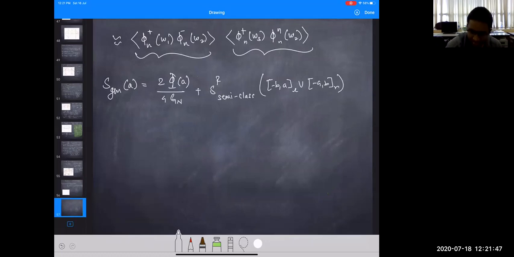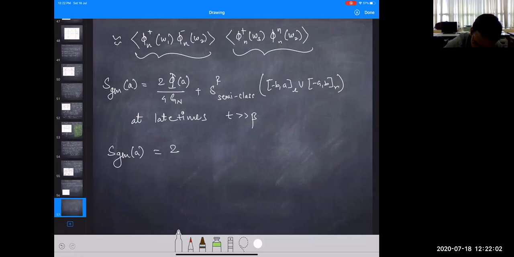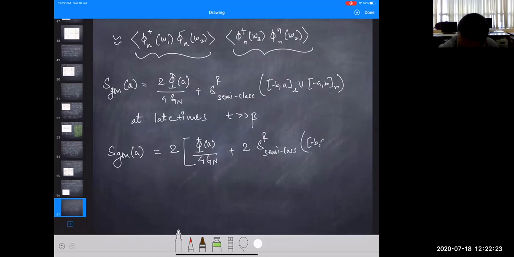Now by this factorization at late times, which means t is much greater than beta, this formula just becomes this, plus twice the semi-classical entropy of, you can choose either interval, minus B to A on the left or minus A to B on the right. Is this clear?